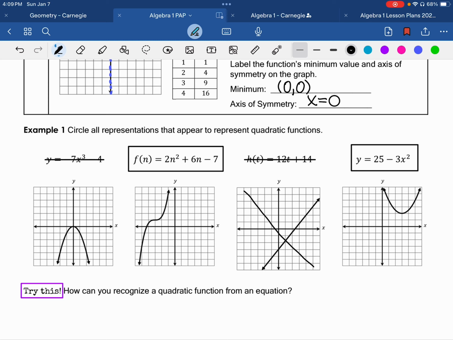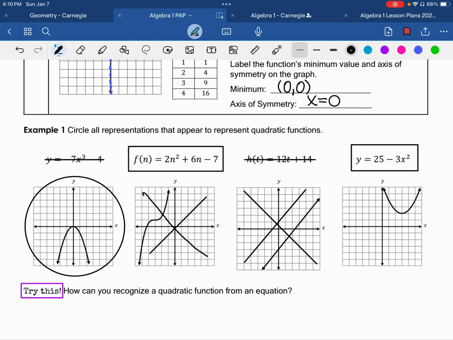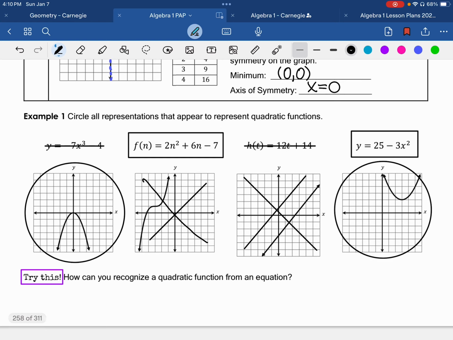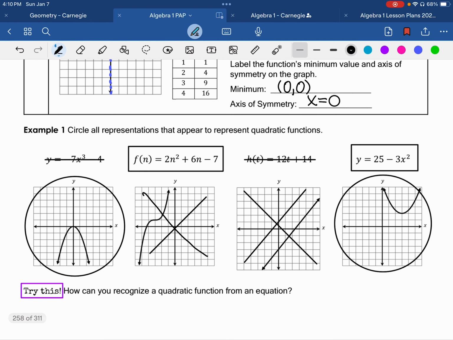So I know that this one is automatically not a quadratic function, and this one is not a quadratic function. This one is a quadratic function, and this one appears to be a quadratic function because they look like the letter U. Go ahead and pause the video and see if you can try this question. How can you recognize a quadratic function from its equation?